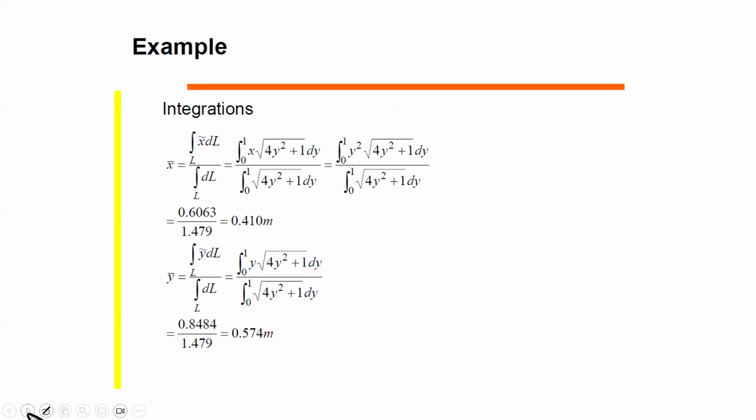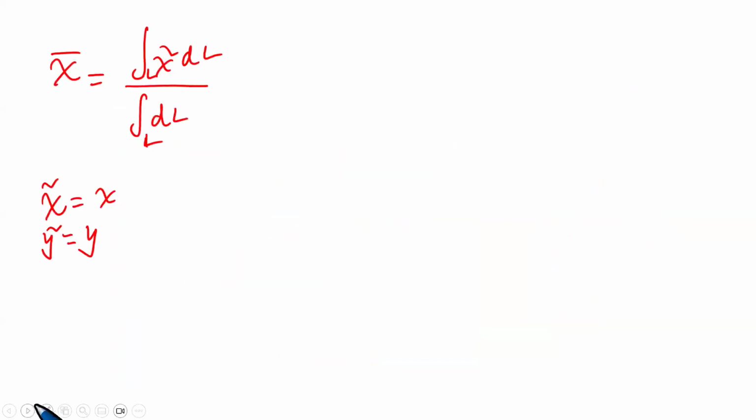Okay, and with that mentioned, we are able to then proceed to say this is the integral of x dl. And what is dl? We know very well that it is exactly the square root of what?